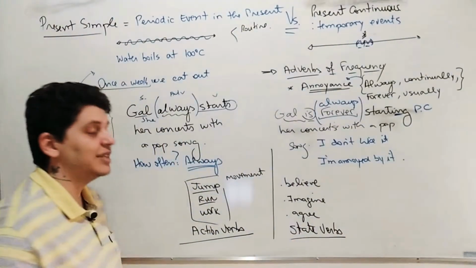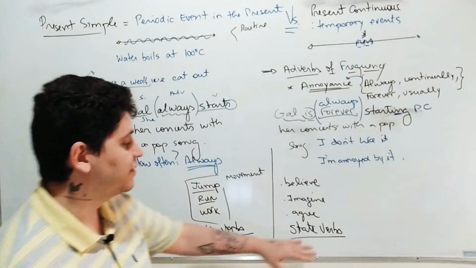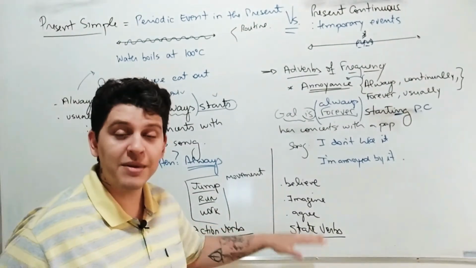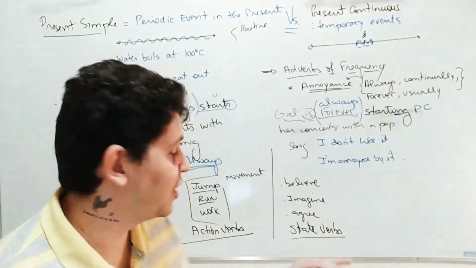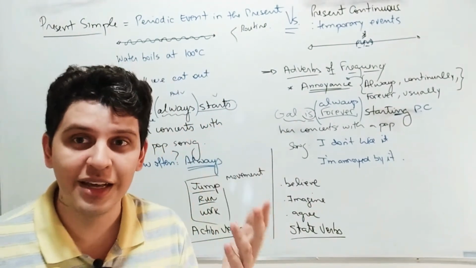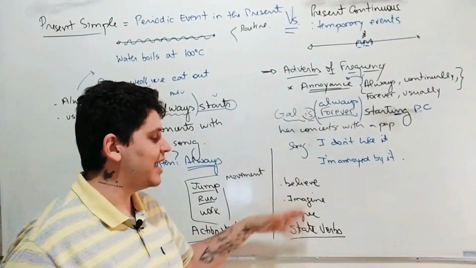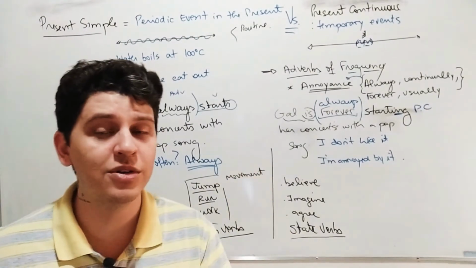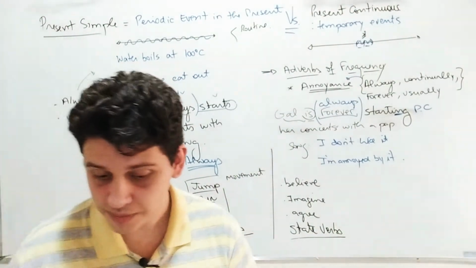And dear student, it is crucial that you understand right now what a state verb is. A state verb is a verb that does not represent an action. It represents a state of mind, a state of spirit. Okay? That is a state verb. So you can think of believe, imagine, agree, and I'm going to give you a list of verbs that are state verbs.